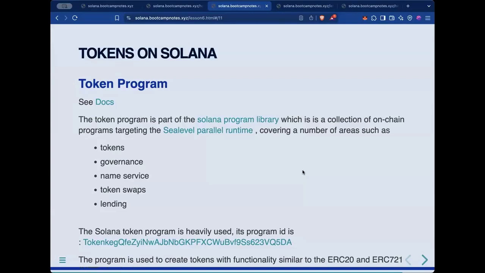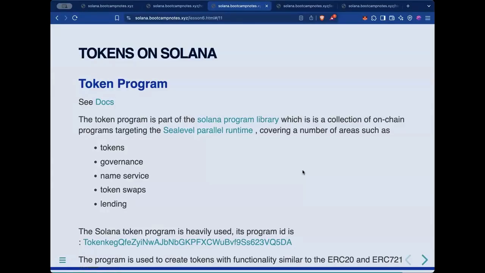So the approach that Solana has taken is to say, well, we'll provide a standard library, and part of that is a program that will create a token for you. And because of the fact that we put our data in accounts that are separate from the program, this means that we don't have to recreate this program just because we want a token with a different name.